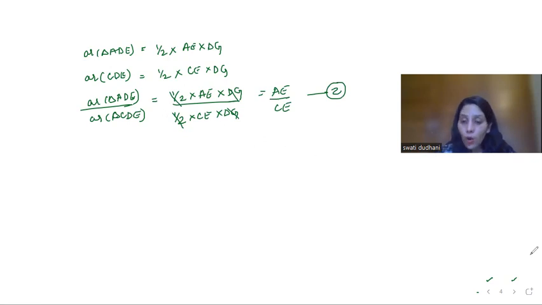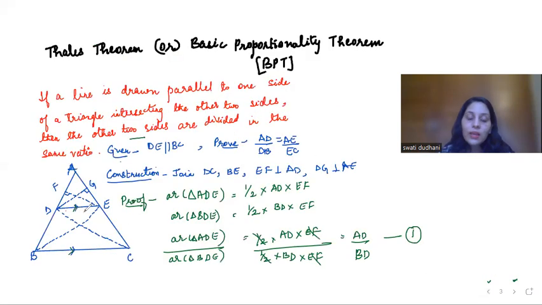Here we also know that area of triangle BDE and CDE are equal. Why are they equal? In the previous class, grade 9th, in the chapter, we had a theorem that the triangles that fall on the same base, the base is DE, both have the same base, and these two triangles are falling between the same parallels DE and BC.